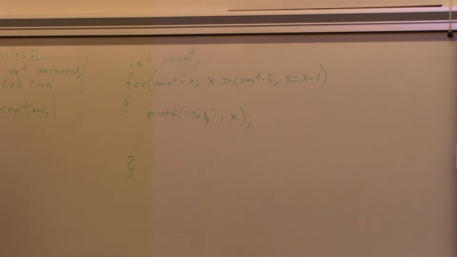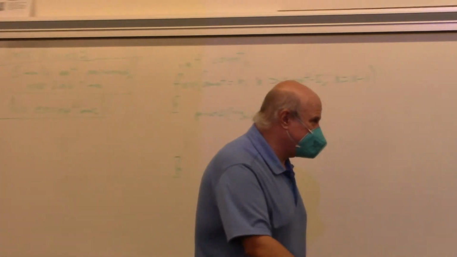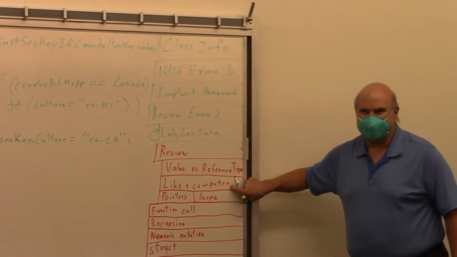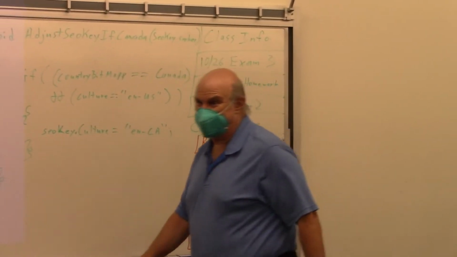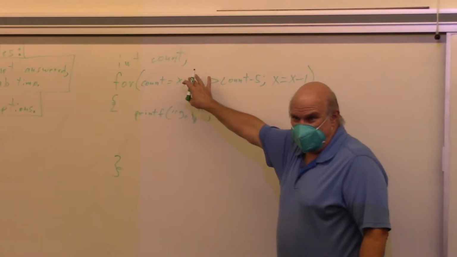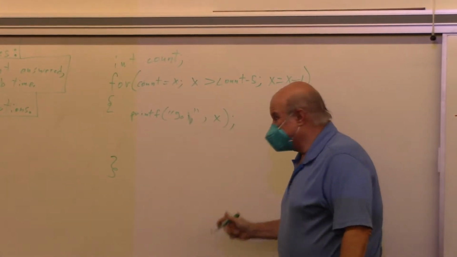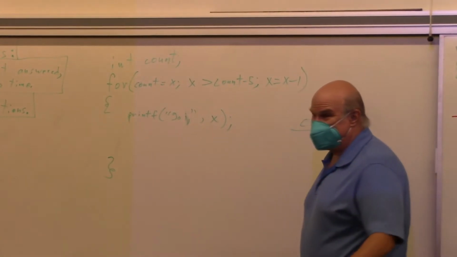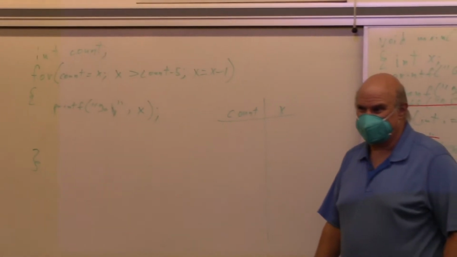Okay, so this gets to a good point. Like a computer, you have to think like a computer. How do you think like a computer? You have two variables here, count and x, right? So let's just see what happens. Let's suppose we took the example input, -5.